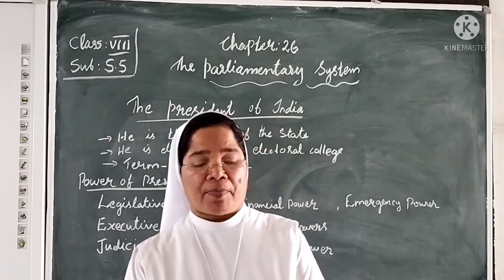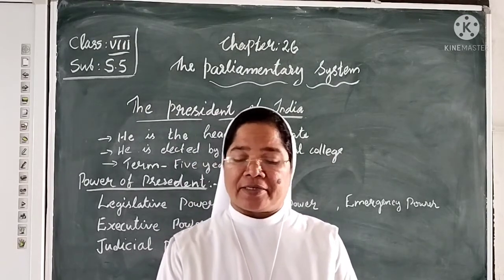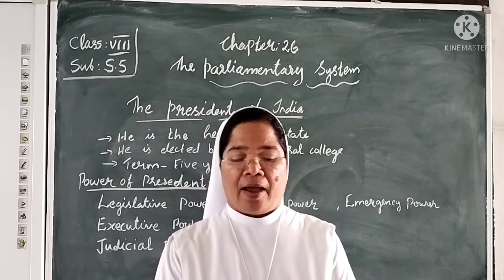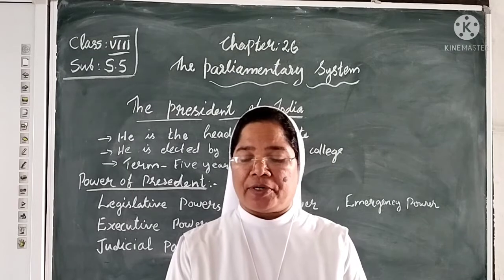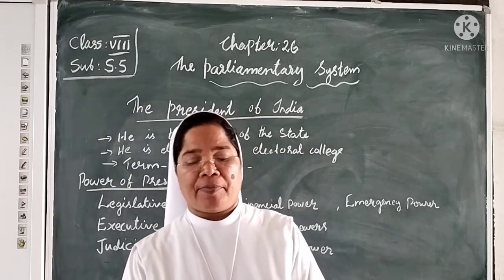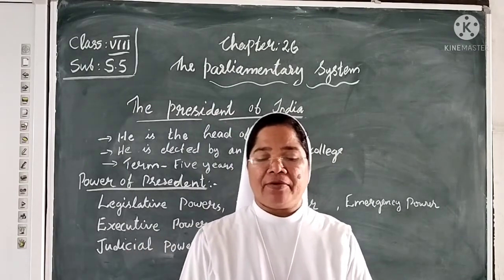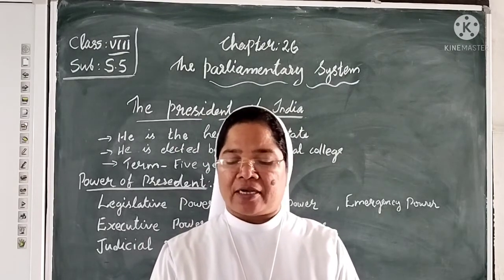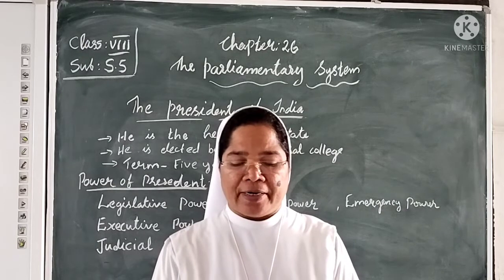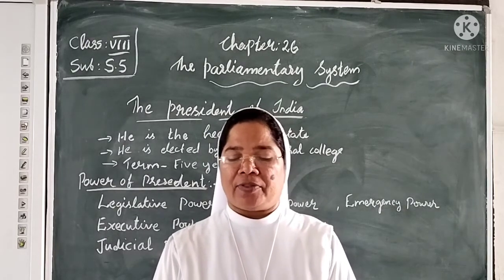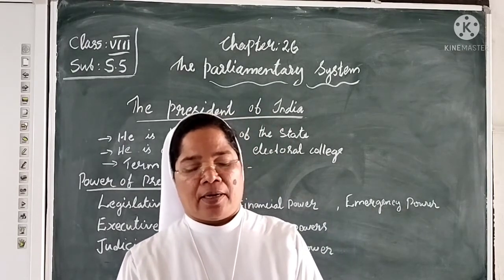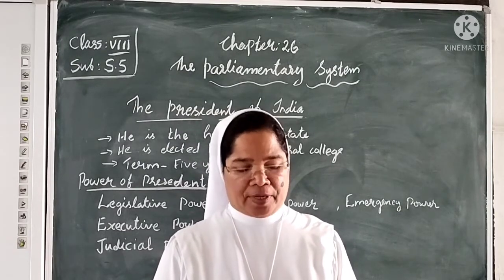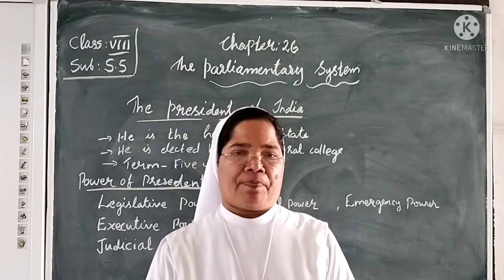Ordinances have the same authority and force as Parliament law, but are effective for 6 months only. The ordinance has to be validated by Parliament within 6 weeks of reassembly. These are the legislative powers.